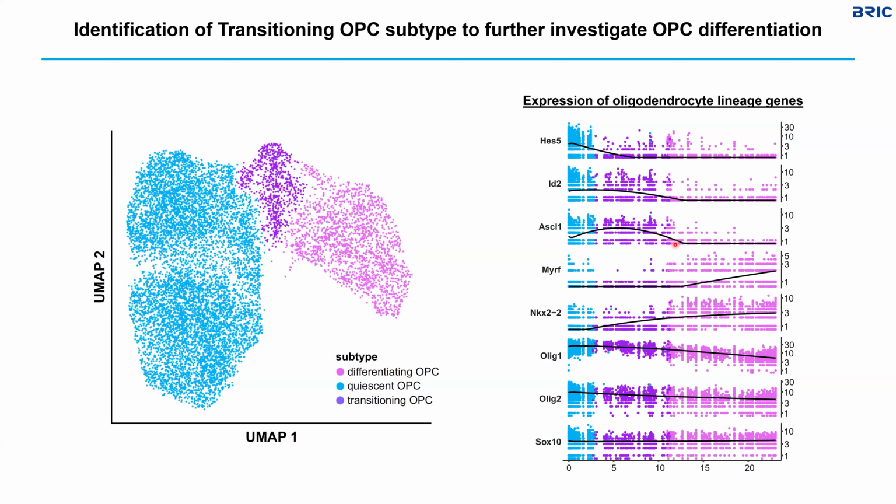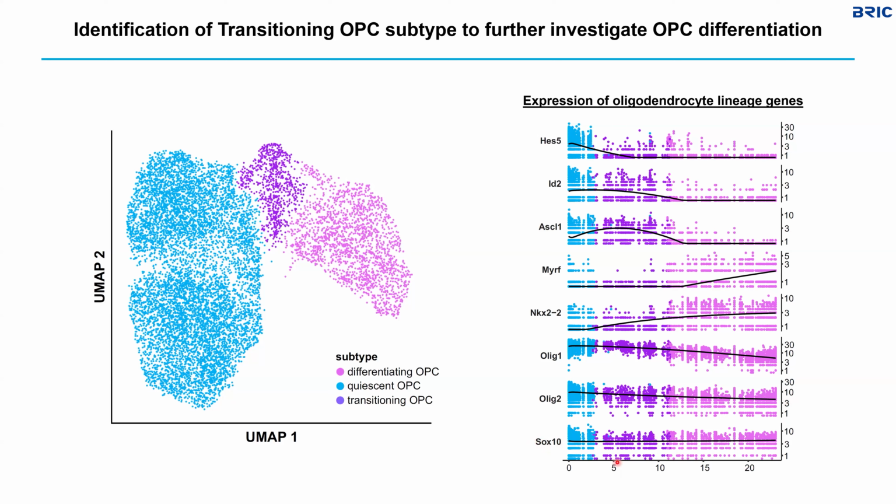And then they quickly shut off as OPCs start to actually differentiate. And that is coincided by a massive increase in MYRF, which is an essential transcription factor for oligodendrocyte differentiation and survival. And here OLIG2 and SOX10, which are pan-oligodendrocyte lineage markers, sort of stay flat throughout the whole transformation.